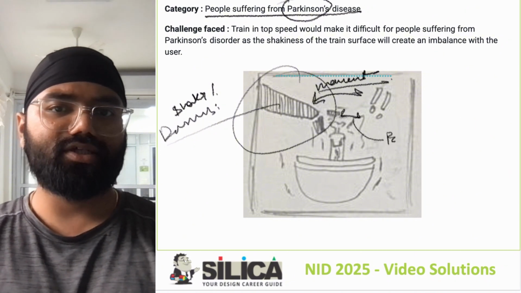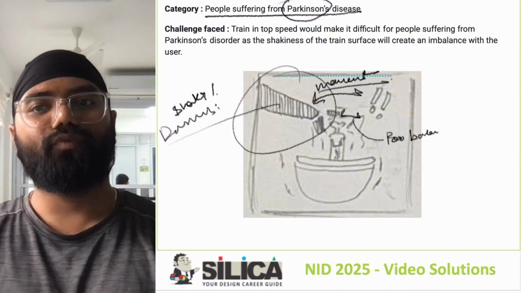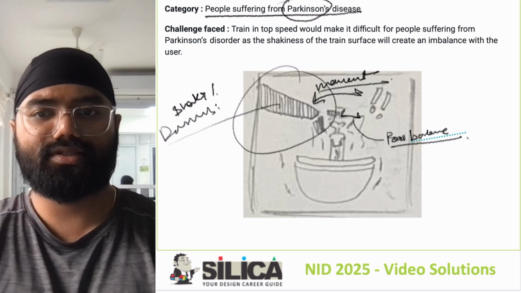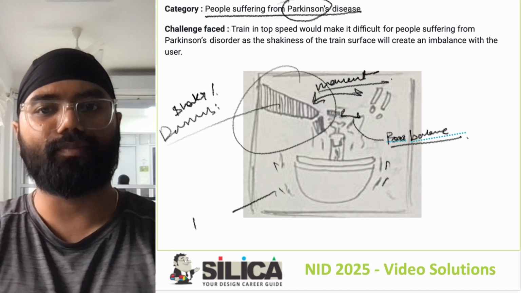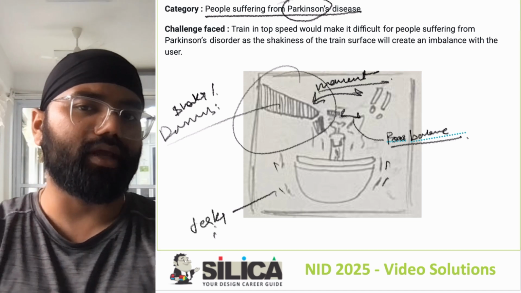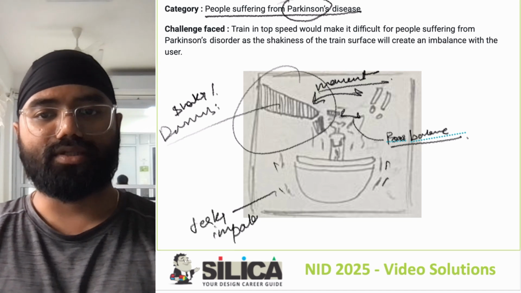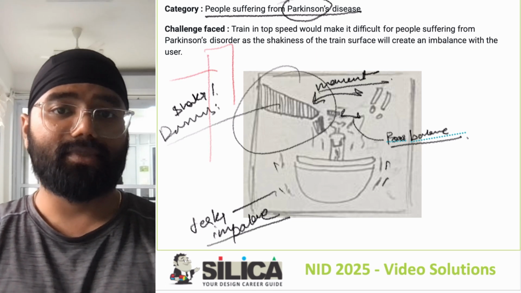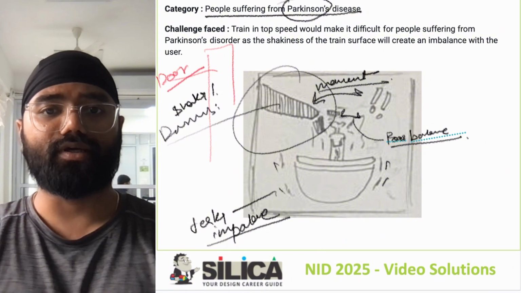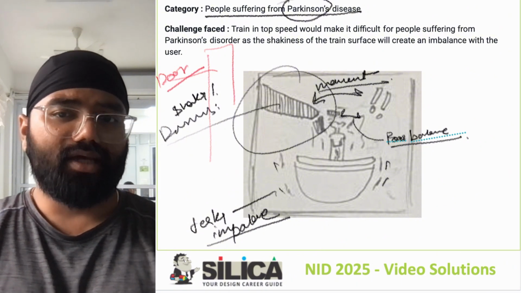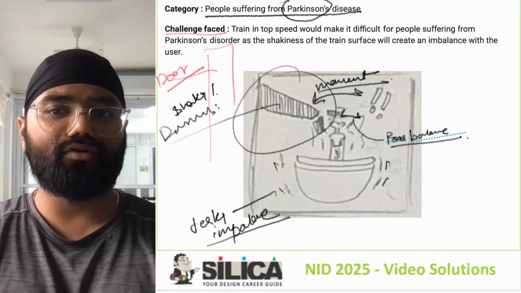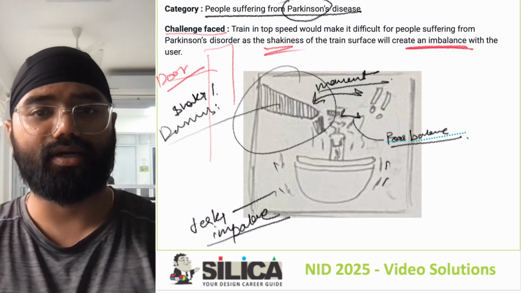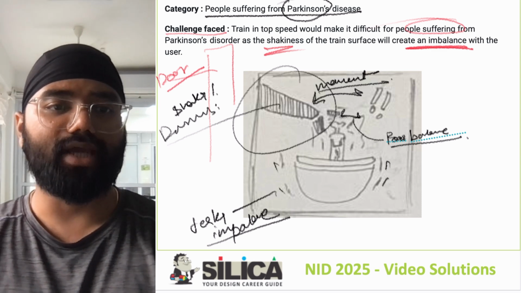Combine that with the jerk of the fast moving train, and it's nearly impossible to wash the hands properly without spillage or any injuries, because again the door is also open at the same time. So this is again a major issue. This tests the motor control challenge that is being tried in this particular problem category.